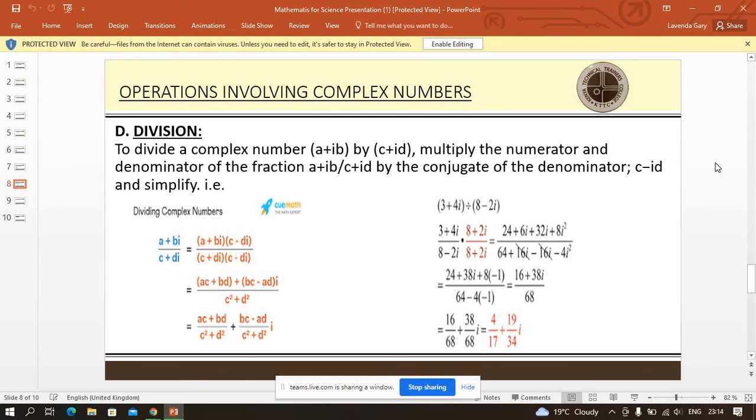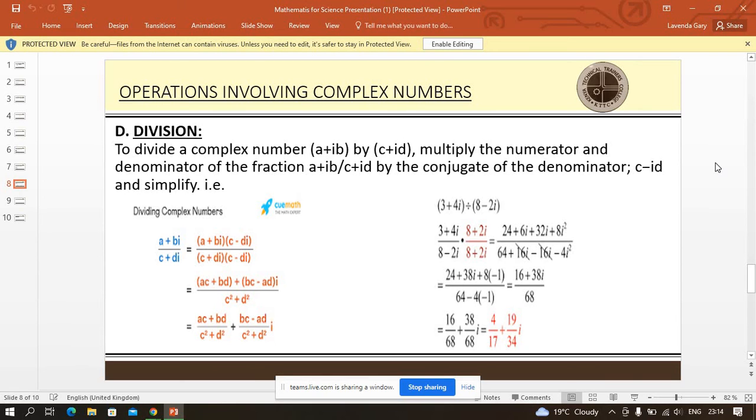So given a plus ib over c plus di, what will be the conjugate of c plus di? c minus di. And the conjugate of c minus di? c plus di. Thank you very much. So I think you can follow the procedure, and you shall get the real number and the imaginary part of the complex number. Are we together?